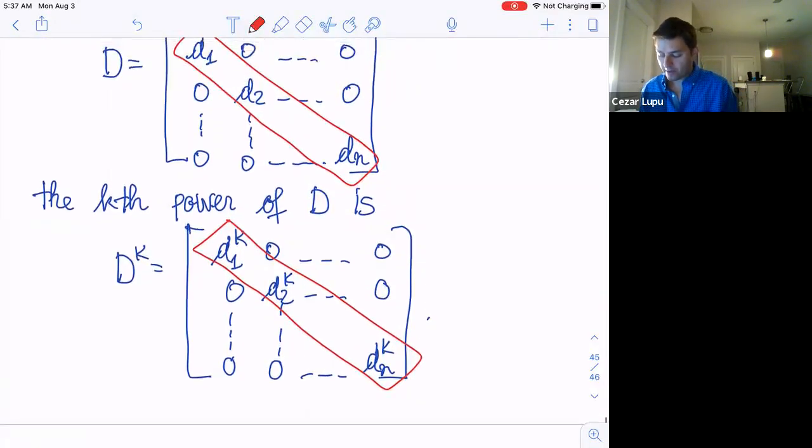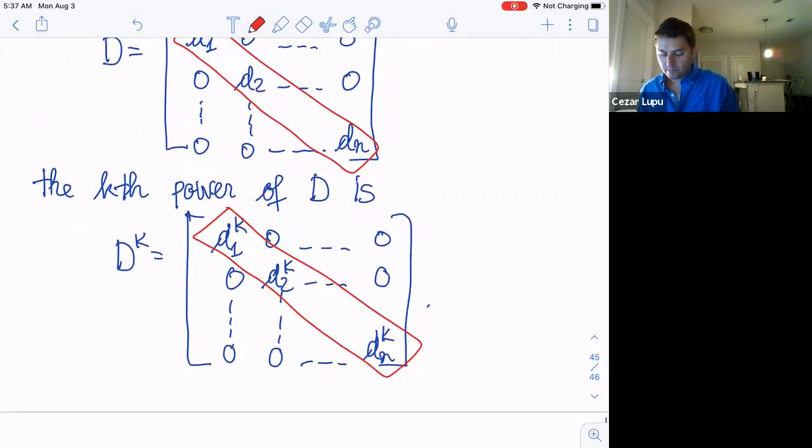Also, another advantage for diagonal matrices, for example, a diagonal matrix is its own transpose.